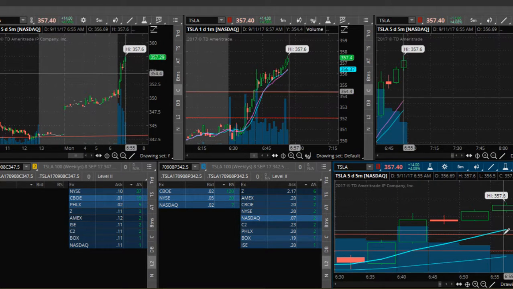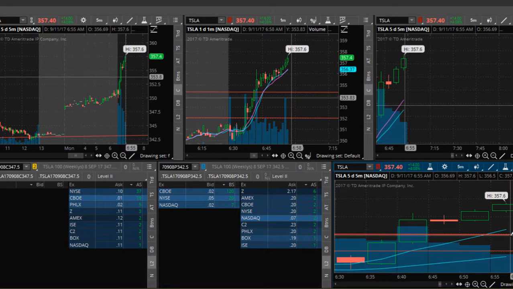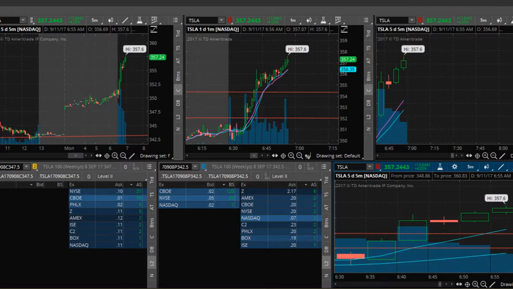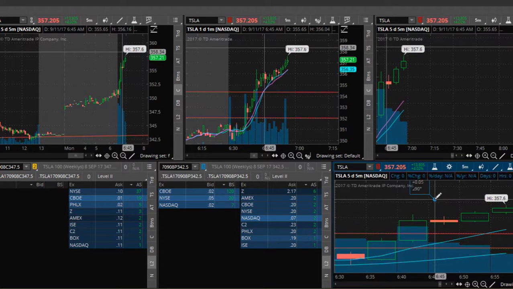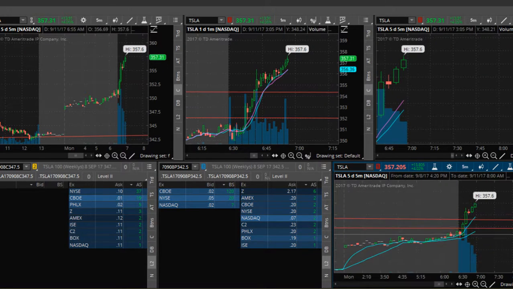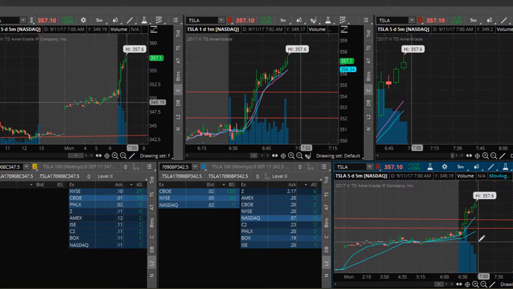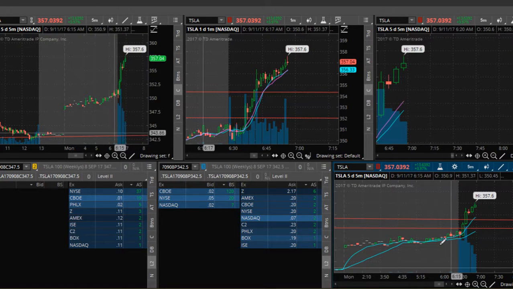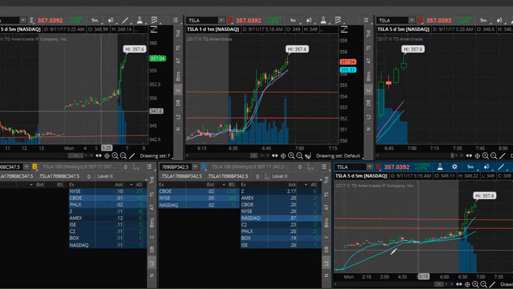If it starts getting into here, that's some pretty good indication that it's going to start falling. Right now it's just moving slow, but if it starts closing below those two moving averages, then it's definitely a position to buy a put.